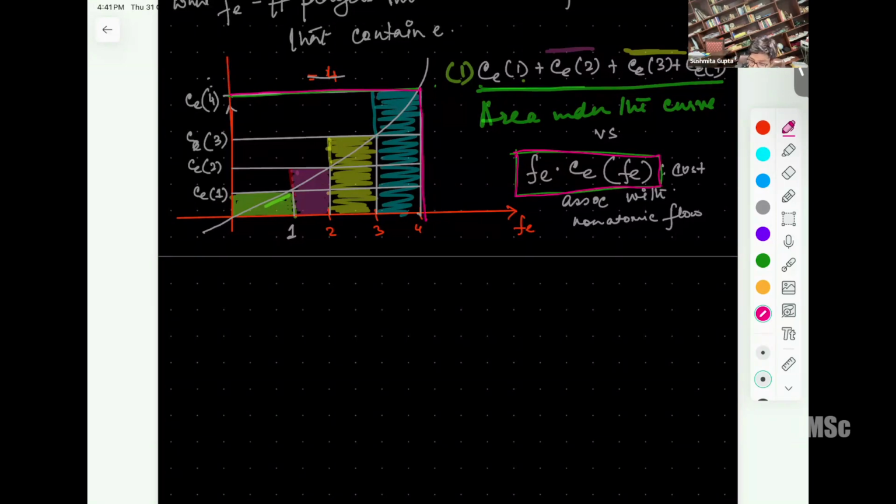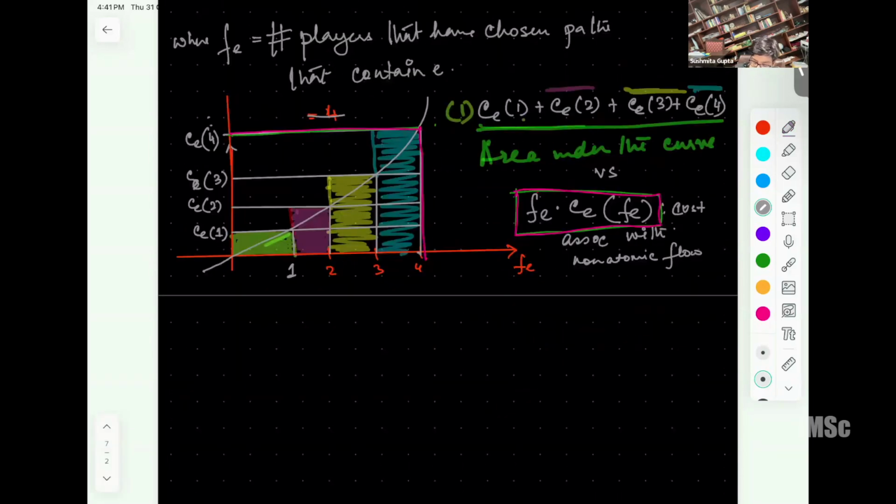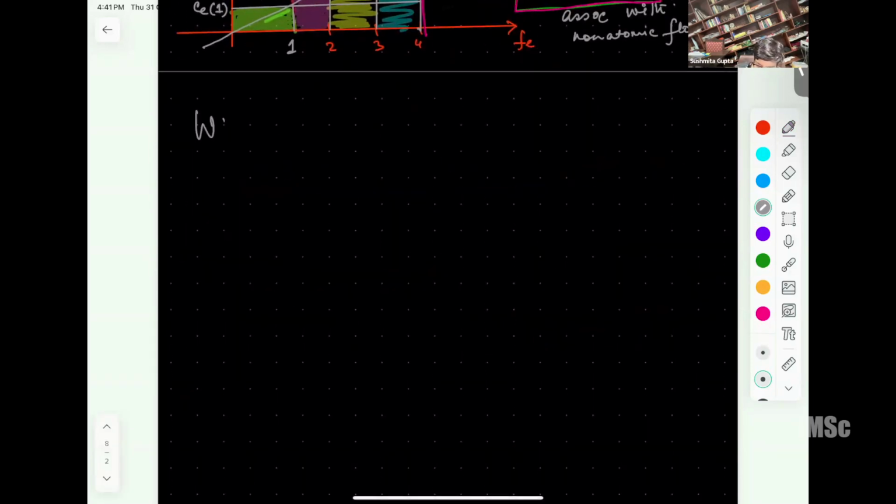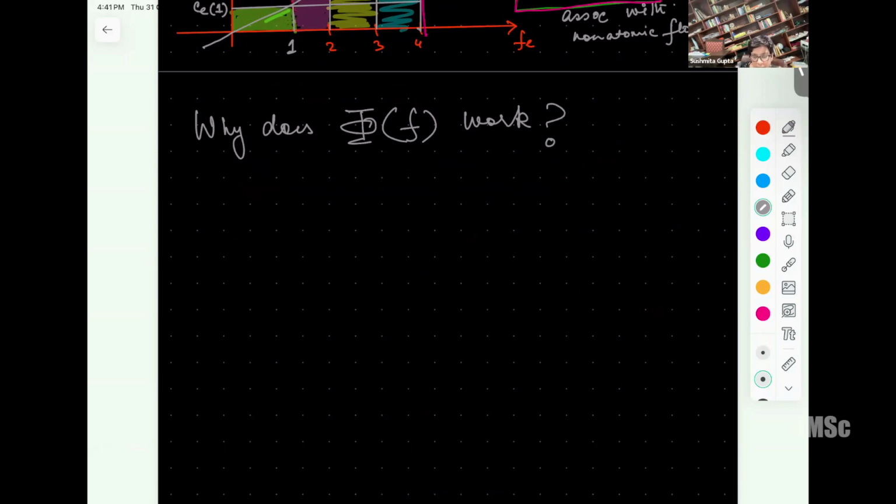Let's go back to the intuition behind why we defined phi of f. Why does phi of f work, for the purpose that we have defined, which is to say that there exists at least one equilibrium flow?